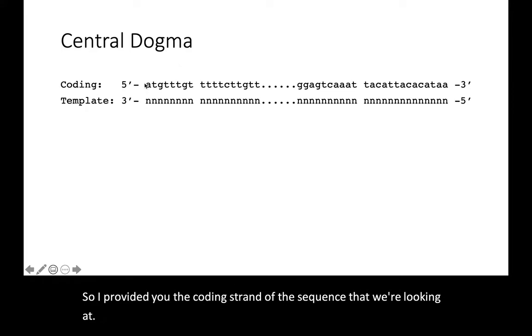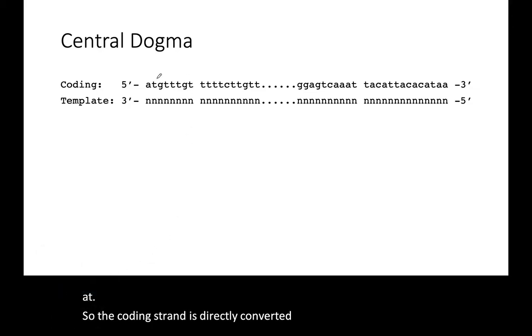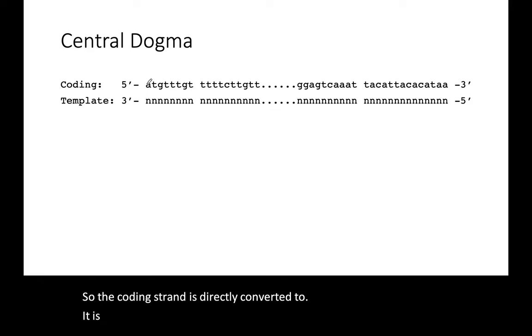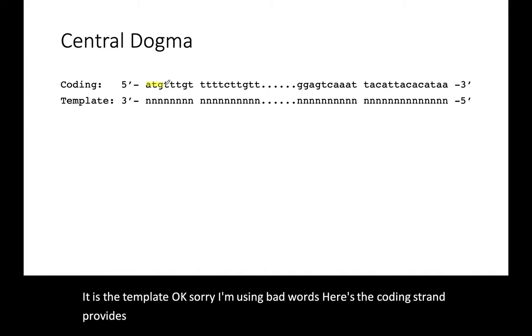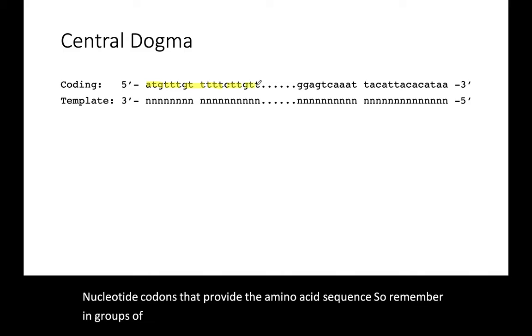So the coding strand is directly converted to, it is the template. Okay, sorry, I'm using bad words here. The coding strand provides the nucleotide codons that provide the amino acid sequence. So remember, in groups of 3, they are converted to amino acids.